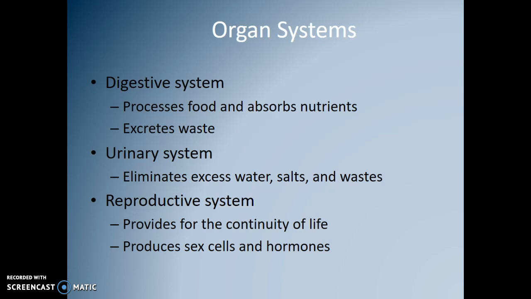The digestive system is responsible for the intake and breakdown of foods, mechanical breakdown and chemical breakdown, which is digestion, as well as for excreting wastes or foods that have not been processed. The urinary system gets rid of metabolic wastes. And the reproductive system produces sex cells, that is sperm and eggs, as well as hormones, and allows for new generations.